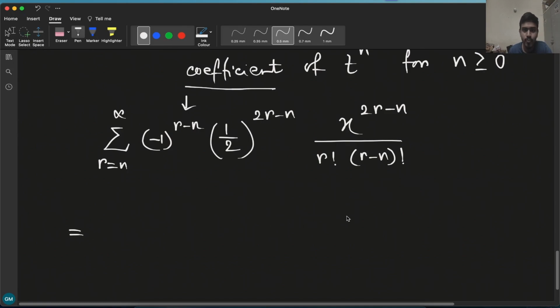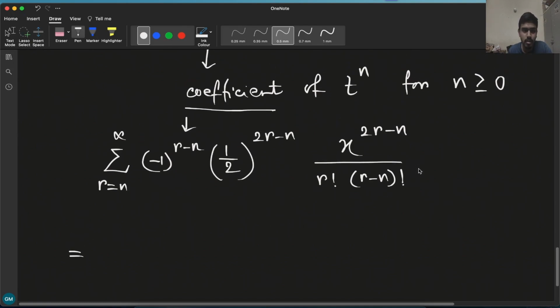It equals, so now here r is starting from n, so instead of starting from n, I can introduce a new variable m, which is r minus n. So when r equals n, then m equals 0, and if r tends to infinity, then m tends to infinity.